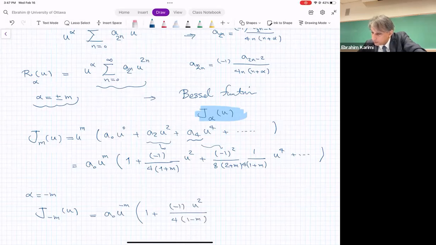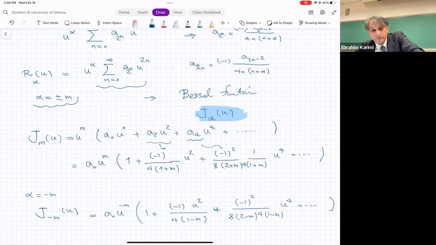If I recall well, yes, plus the other coefficient, minus 1 power of 2 divided by 8, 2 minus m, 4 times 1 minus m, U power of 4, plus the other terms. That is J minus m.